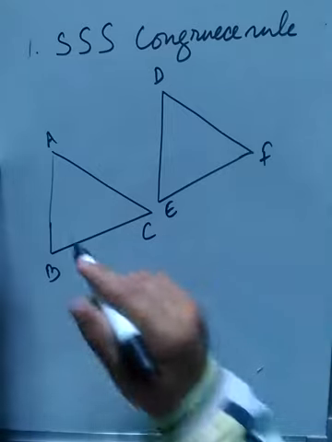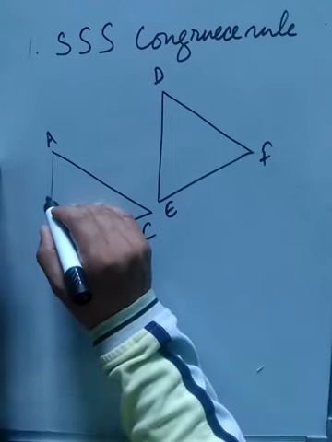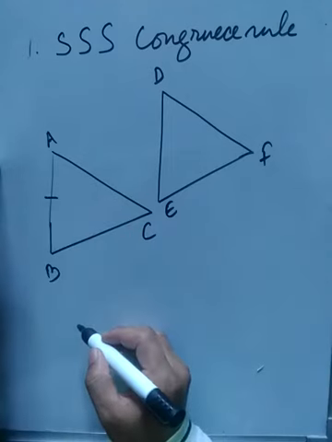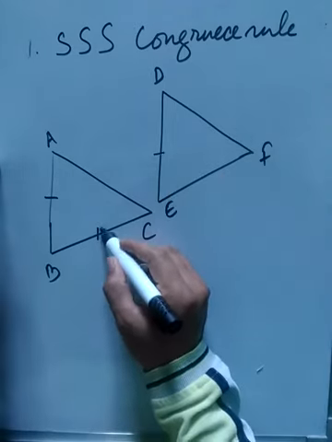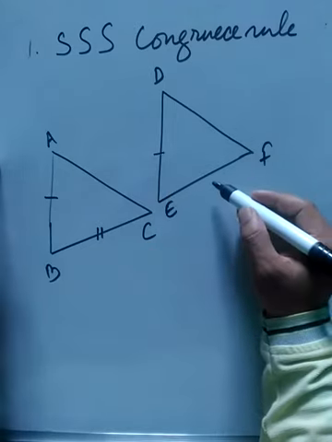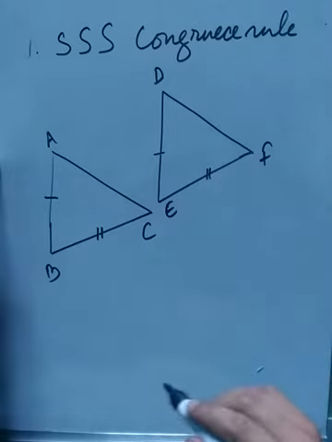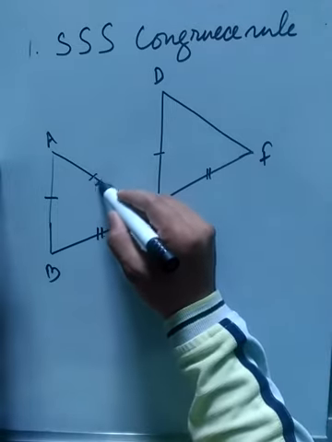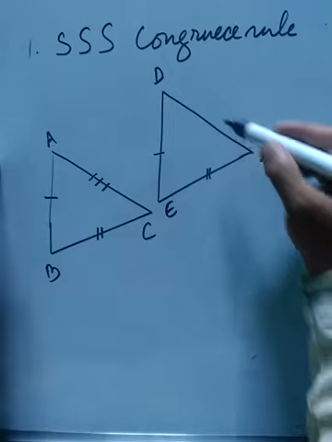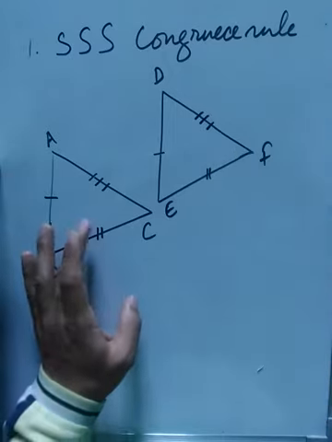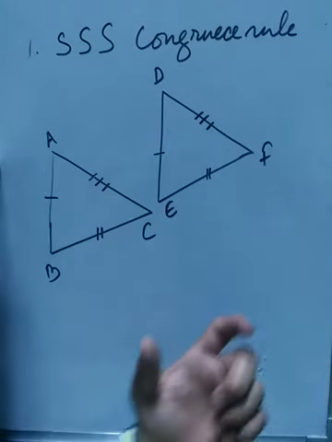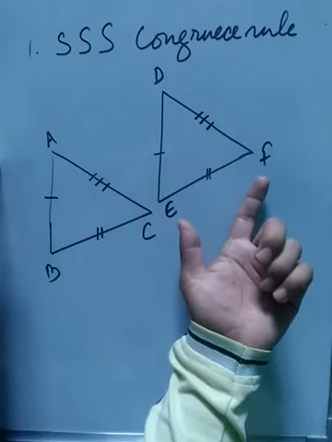We'll learn now. This side AB is equal to the side DE. This side BC is equal to the side EF, and this side AC is equal to the side DF. Now the three sides of this triangle are equal to the three sides of this triangle.